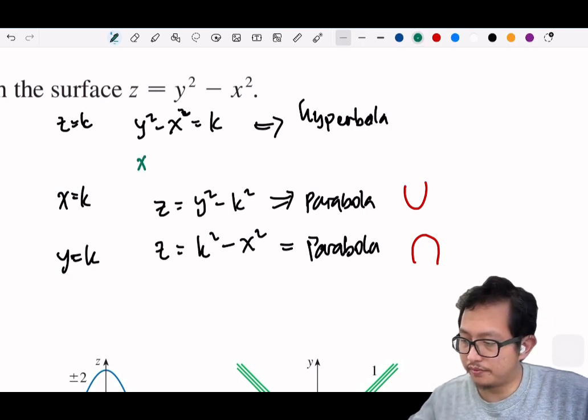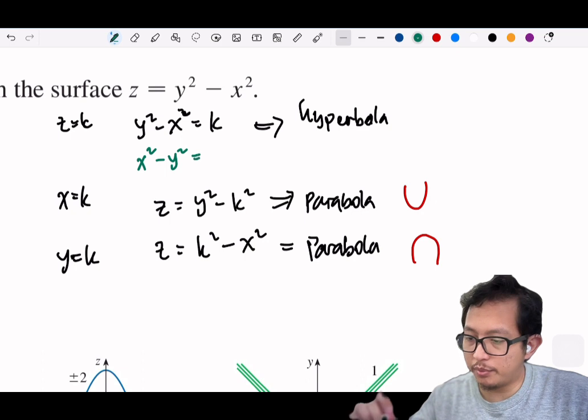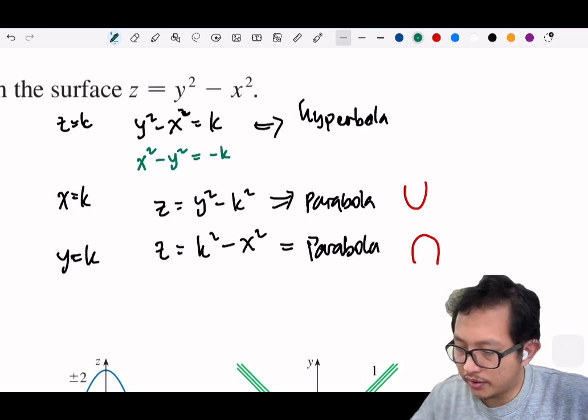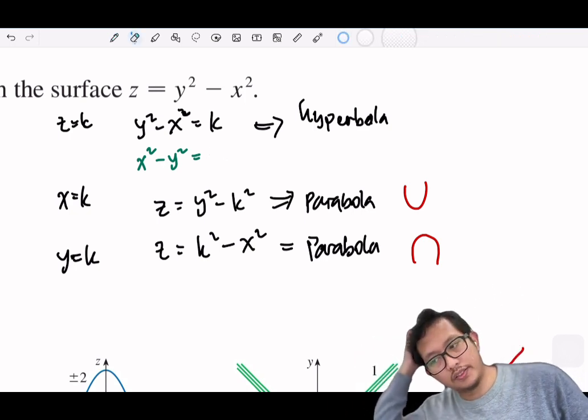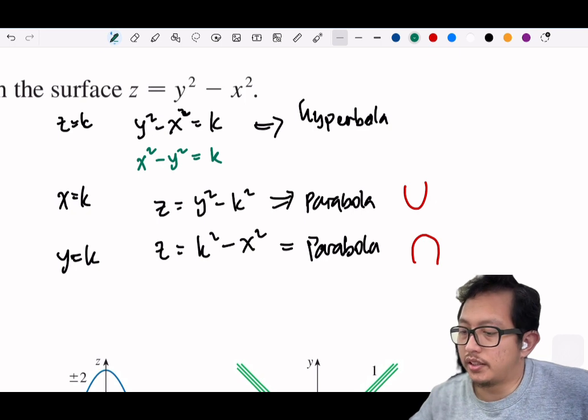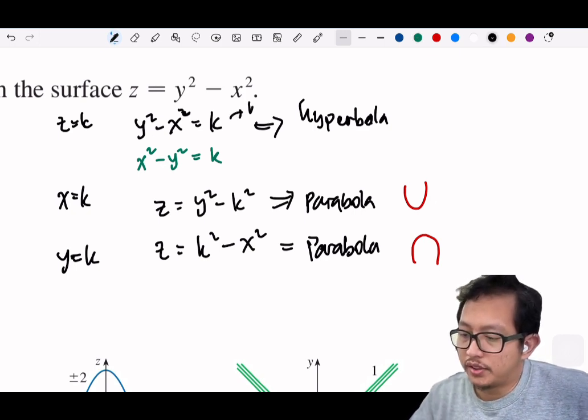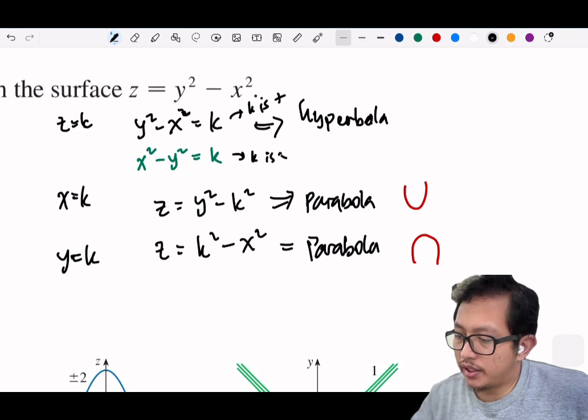The second hyperbola, we could write this as x squared minus y squared equals, if we have a negative k, right? This is another way we say if k is negative. Let's say this is still k, but we can take note that this is k positive, this is k negative.